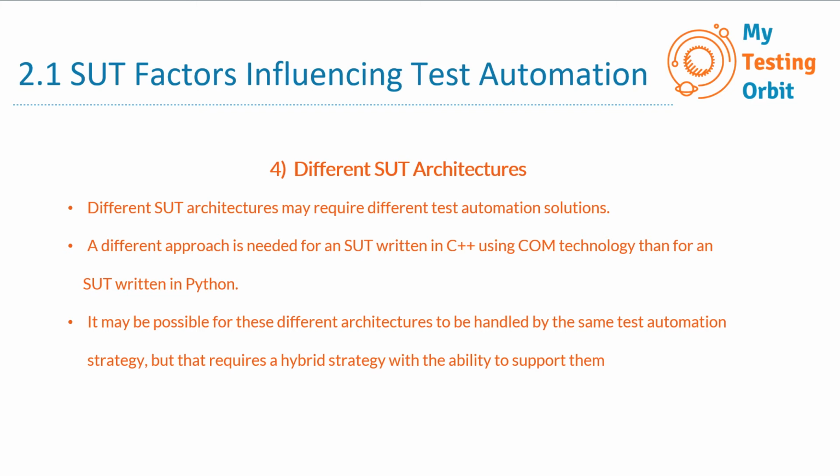If we are testing manually, and we have two projects, one we are doing as a waterfall model and the other one is using agile, then even for that, our test strategy would be completely different, because the model is completely different. The same applies for automation as well: if we are using different architectures for different systems, then the solution which we are preparing for test automation needs to be compatible with that as well.